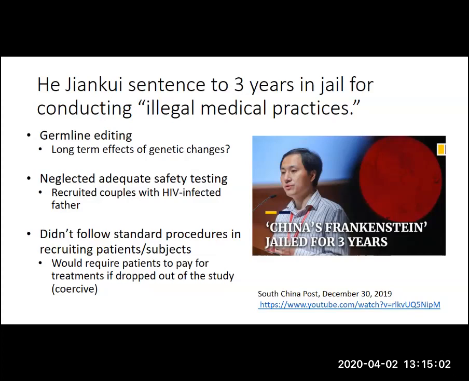So he ended up being sentenced to 3 years in jail at the end of December 2019 for what was determined in China to be illegal medical practices. So you would think that this would be the end of the story for this, but there are other individuals that are still attempting to pursue these types of strategies of going through and doing gene therapy.